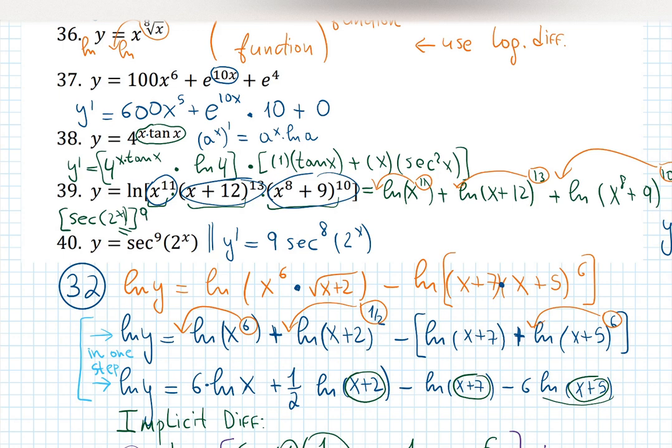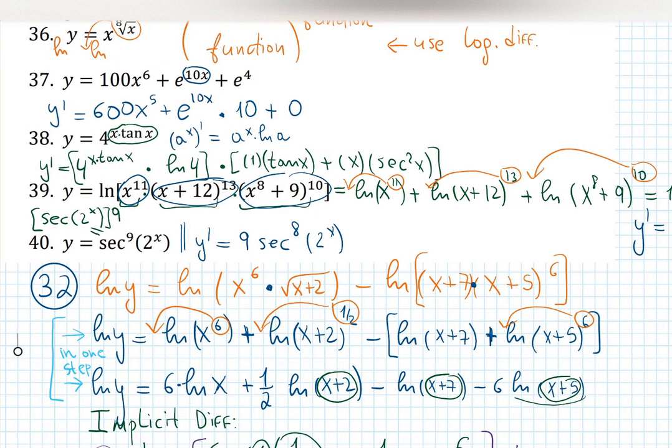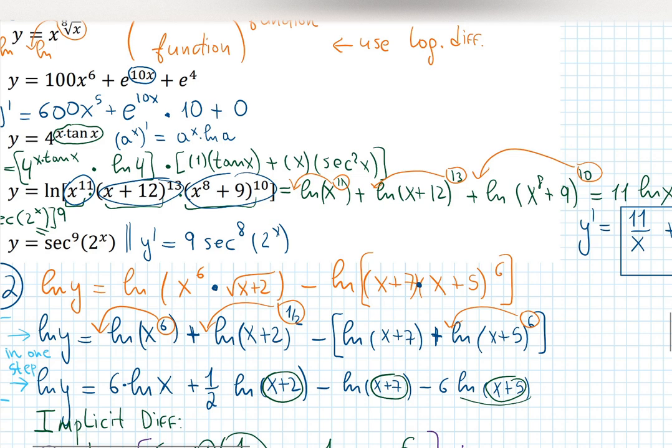Maybe this way you will not make mistakes. Then 9 goes down and becomes 8: 9, secant to the 8, don't change the angle, 2 to the x.